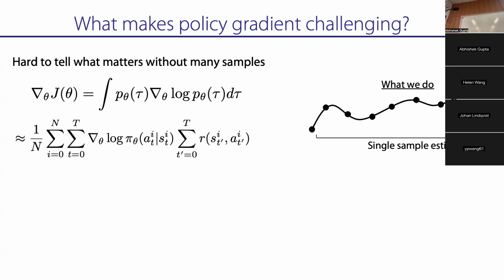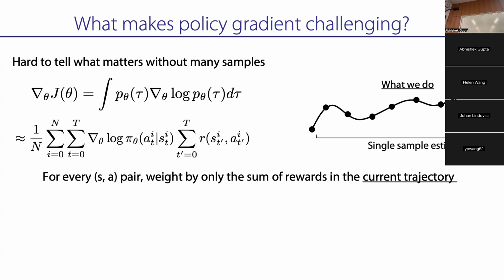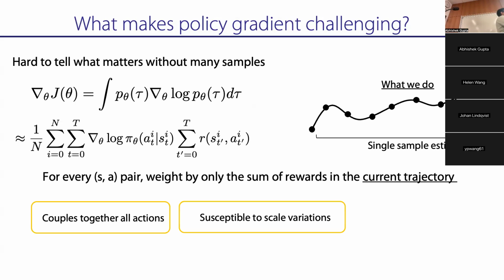Right? Okay, so essentially, the issue is that you're taking a single sample estimate. You're only weighting things by the sum of rewards in your current trajectory. Right? And so some things are important here. As you were saying, it couples together all the actions, right? That's an issue. The second thing that's a problem is that if different trajectories have different reward scales, depending on which ones you sample at any point, the gradient might look pretty different.